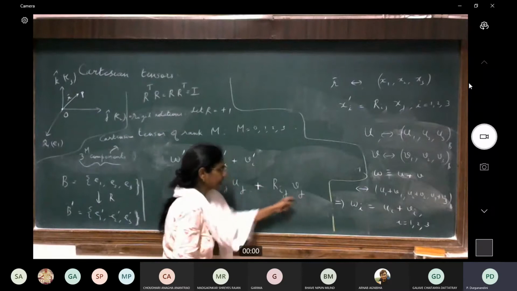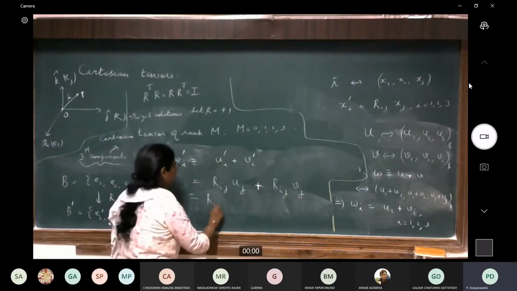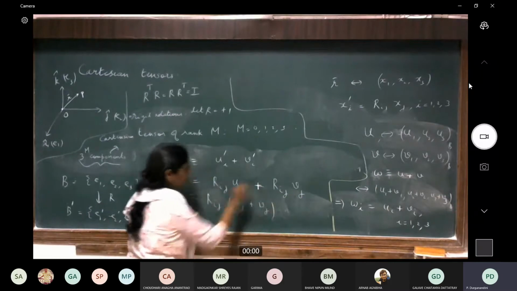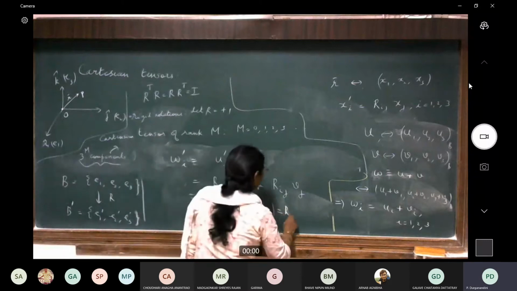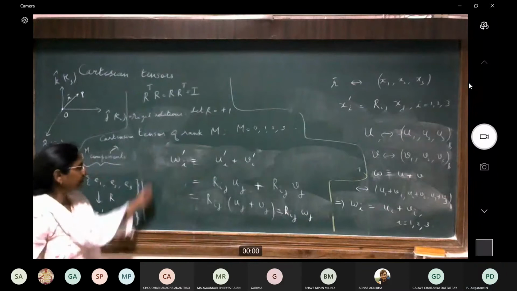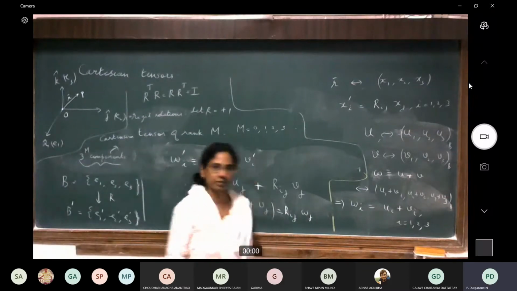Then I can write this as Rij times uj plus vj, where this plus is our usual algebraic addition. And this is nothing but Rij wj. Therefore, wi prime is equal to Rij wj.